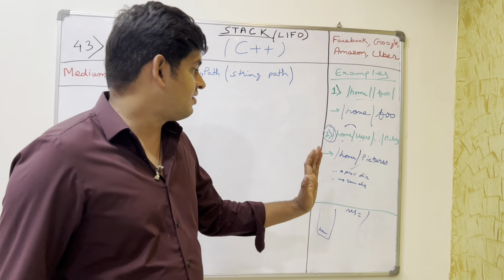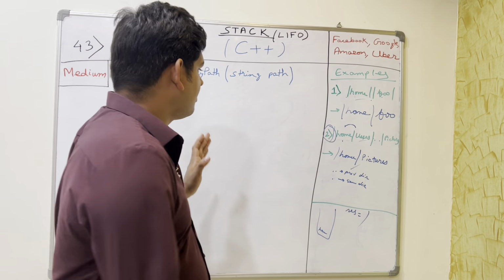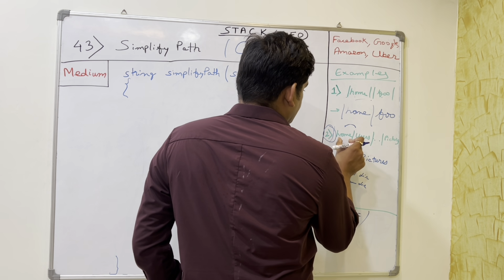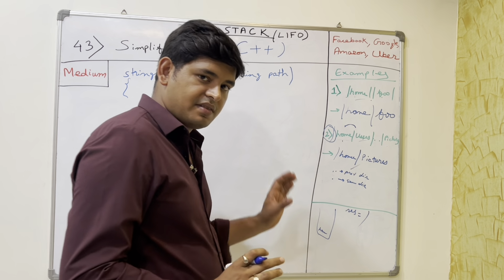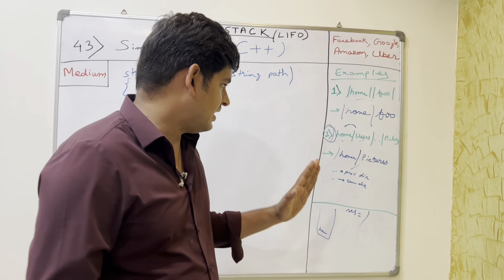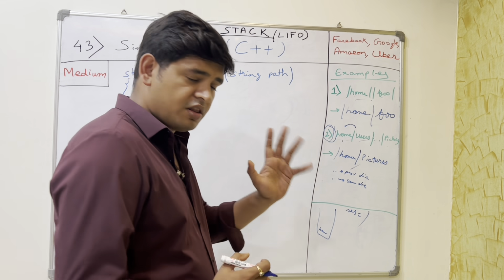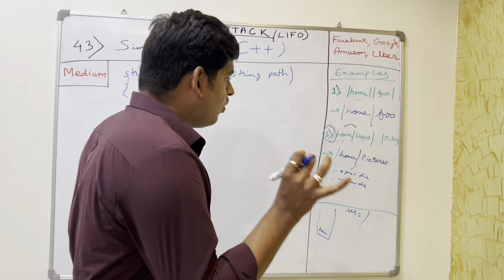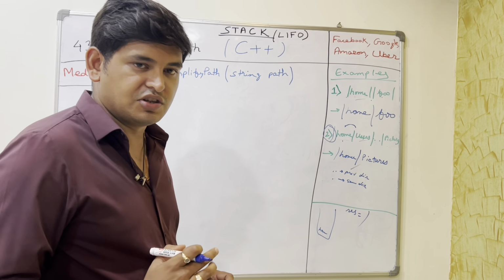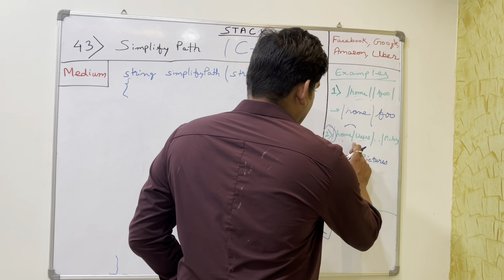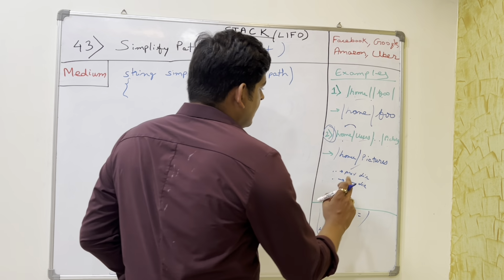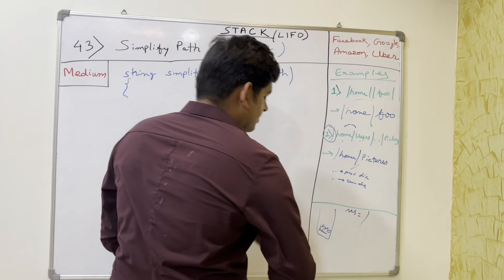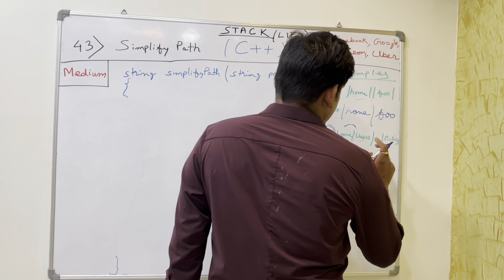When we see that a slash has come, that means the folder has been completed and we are going to the next folder or file. So whenever we see the whole string without dot dot and slash, we insert it into the stack. So home has been inserted. We see slash, we ignore that, and then we see users. We again insert users. Now we see slash, we ignore it.